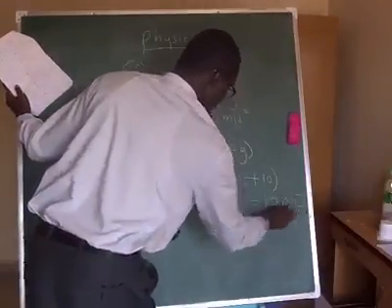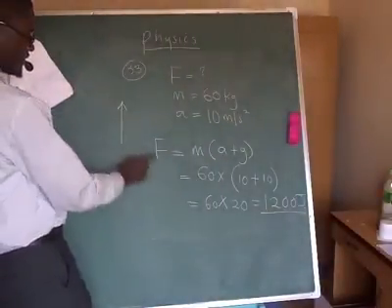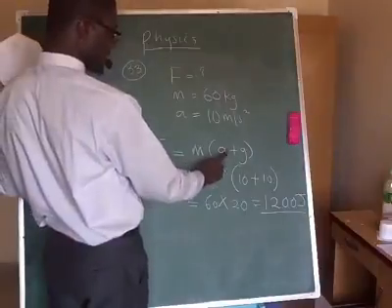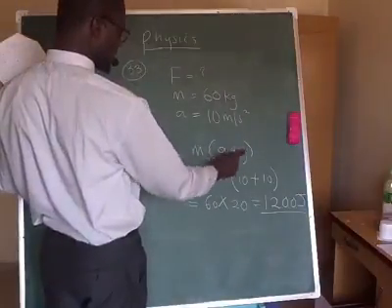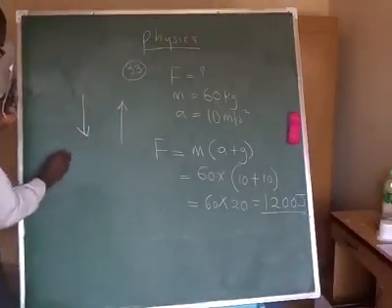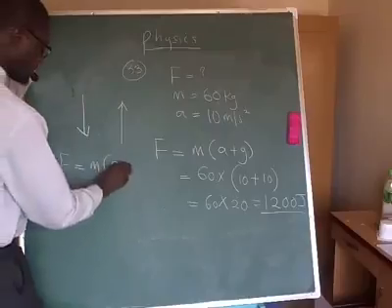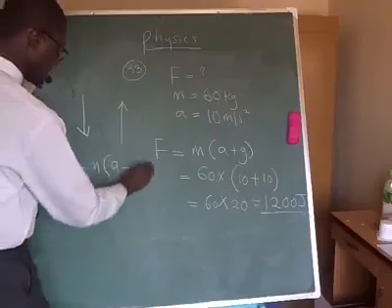1200 joules. Yes, when the body is moving upwards, the force is given by mass multiplied by the summation of the two accelerations. But had the body been moving downwards, then my force will be equal to mass multiplied by the acceleration minus acceleration due to gravity.